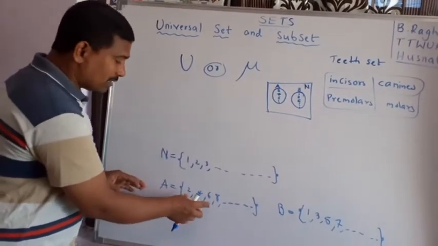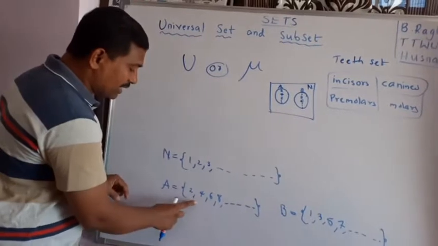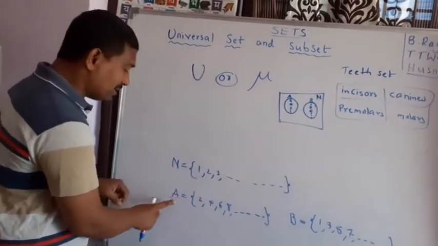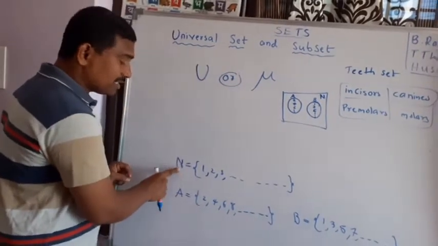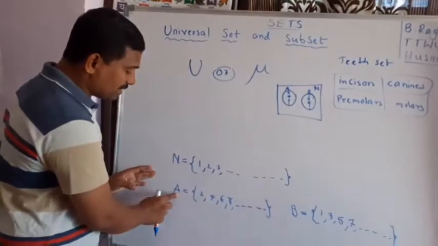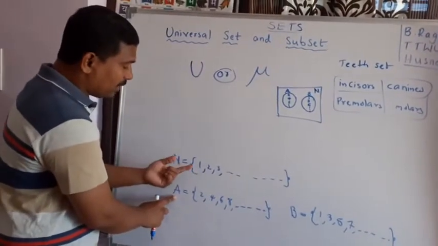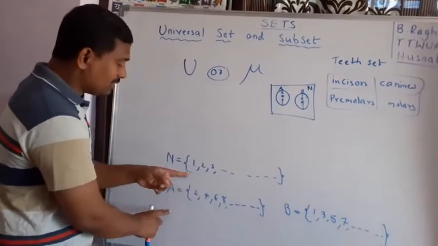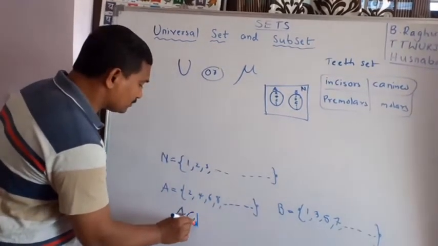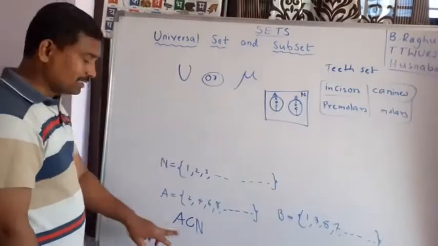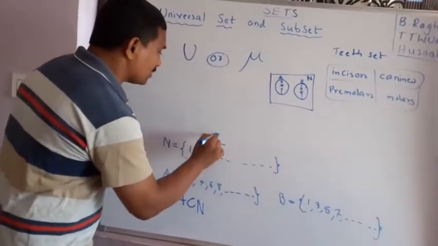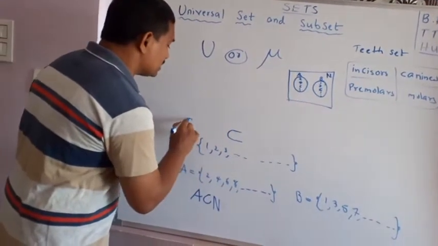All elements of set A are elements in the set N. Then A is a subset of N. Are you getting? If all elements in the set A are elements in the set N, then A is called a subset of N. A is a subset of N. This is the subset symbol.